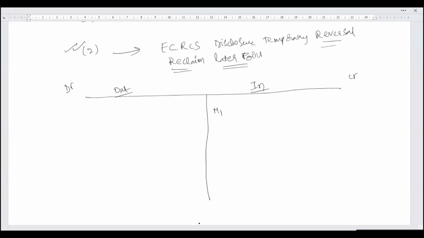In month 1, when I do a data entry in 4B2, the credit of IGST, CGST, SGST, whatever amounts you have entered in GSTR3B, comes and sits in your ECRCS ledger.